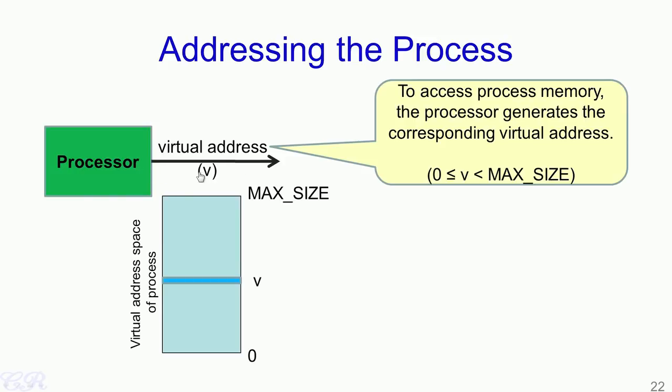Let us say this virtual address is V, and this virtual address could be in the range from 0 to max size. Max size is the largest address that a user space process could have in its virtual address space. Said another way, the virtual address V would be some address in the virtual address space of the process.